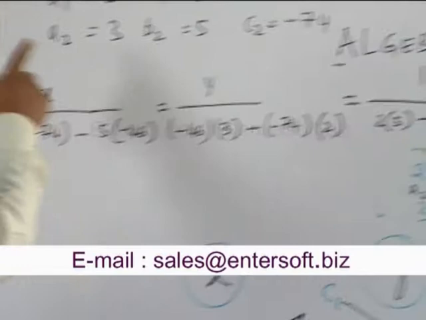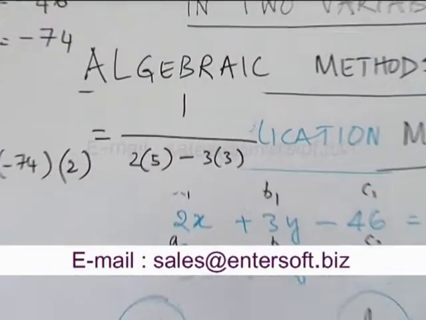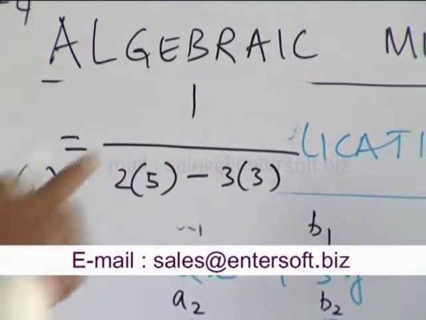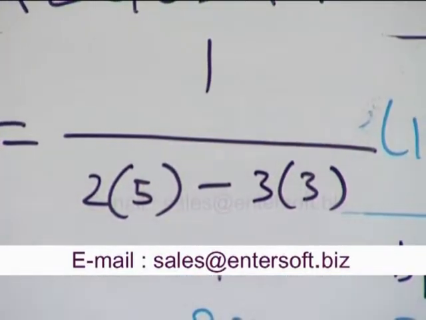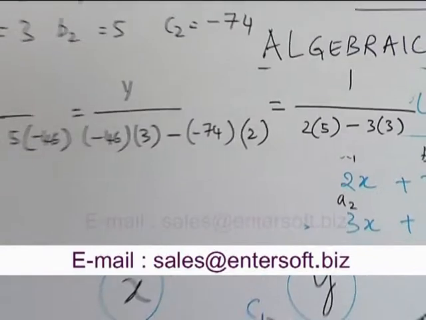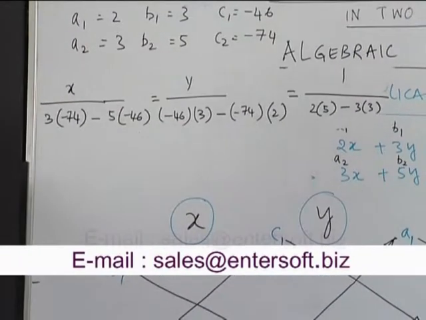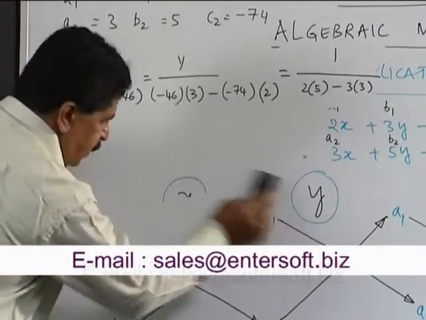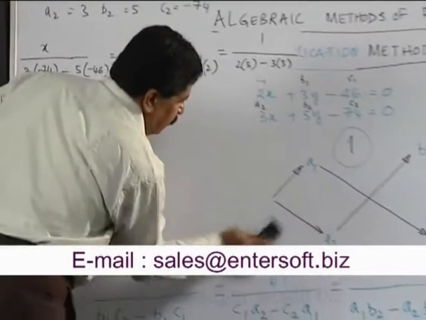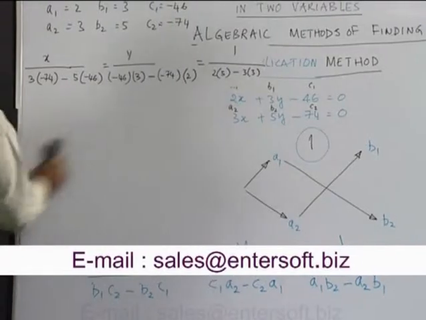Please cross verify in case there is some change, which is equal to 1 divided by 2 into 5 minus 3 into 3. Now I have got this. Now from this it is so simple that I am able to find the solution to that.